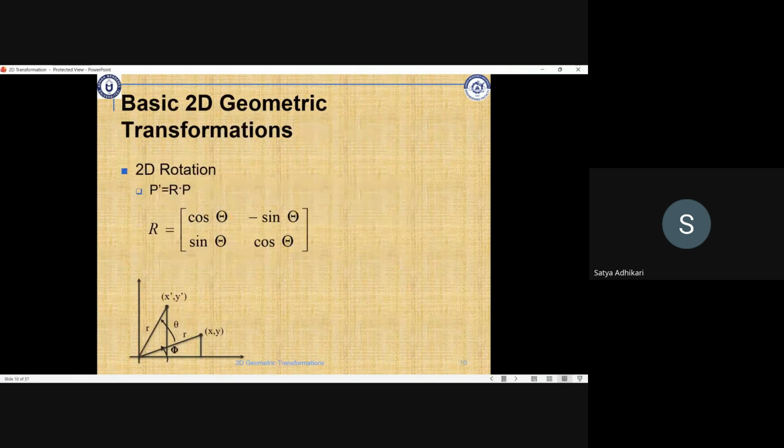Yes, this slide. You see, this is a rotation matrix. Compare this matrix with that matrix. It only contains two rows and two columns. It is a matrix of order 2, 2 cross 2. And here if we multiply, you will get the same result.